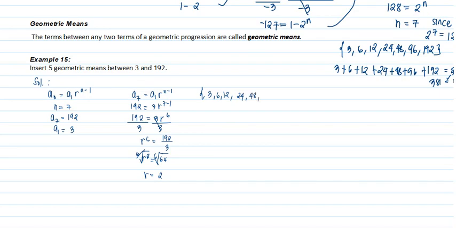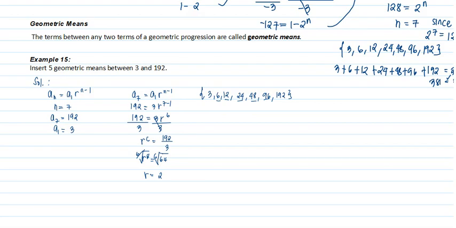And then 48 times 2 is going to be 96, and then 96 times 2 is 192. So, as you can see, meron tayong 5 geometric means that we were able to insert between those values, which is 6, 12, 24, 48, and 96. Okay? So, yan yung way kung paano hanapin yung ating mga geometric means.